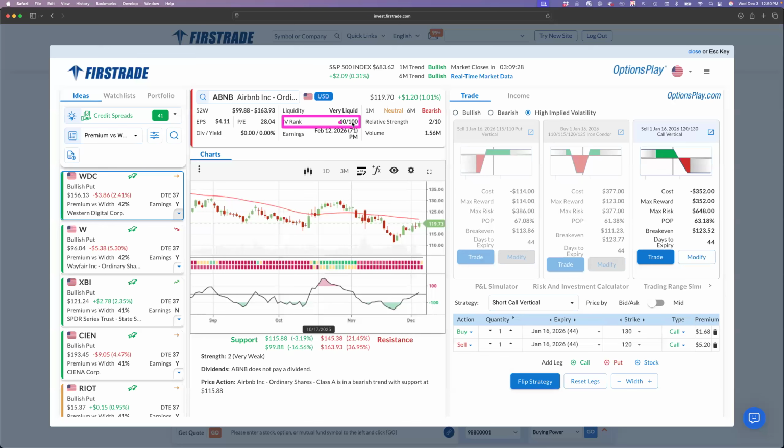An IV rank of 100 means that the options are the most expensive they've been over the last 52 weeks. An IV rank of 0 means that it's the cheapest it's been over the last 52 weeks. So an IV rank basically helps you measure how cheap or how expensive the options are relative to their 52-week history. High implied volatility is usually referring to an IV rank that's greater than 30 to 40%. We usually consider that high implied volatility.